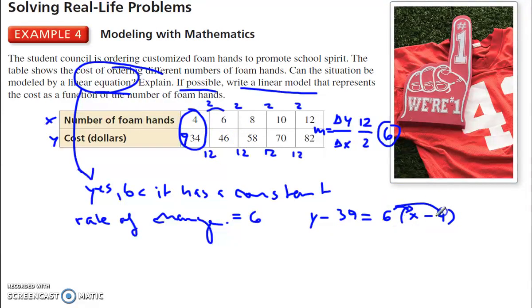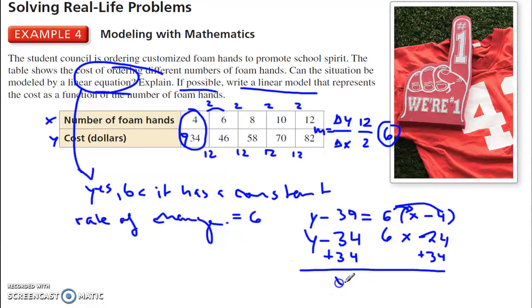So distributive property: 6x minus 24 equals y minus 34. Tricky, looks like a 9 there. We add 34 to each side. Boom, plus the 34. And that gives us y is equal to 6x plus 10.